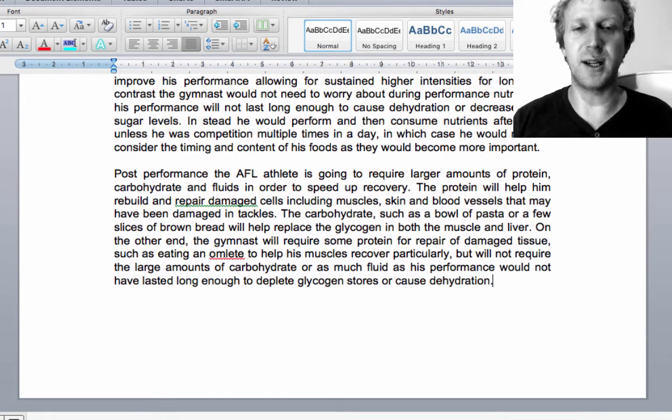So like he'll still be drinking and stuff, but he doesn't need to be looking to replace all the fluids that he's lost through sweat over the last 90 minutes or so. That will be required of the AFL player.